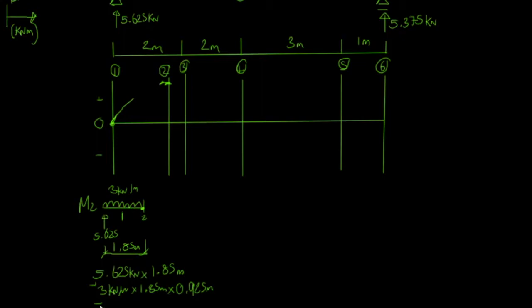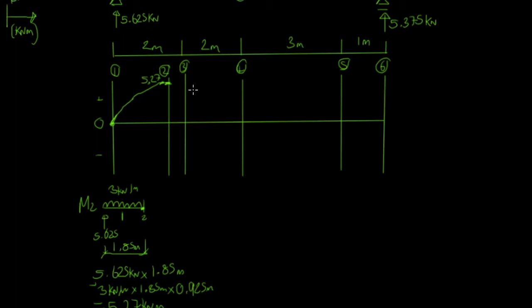It gives us a crazy long number, but we're going to round it, so it's going to be 5.27. So we know our moment up here is going to be 5.27. That's parabolic going up.